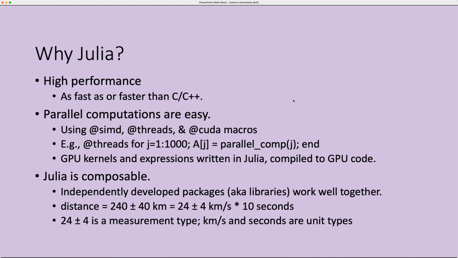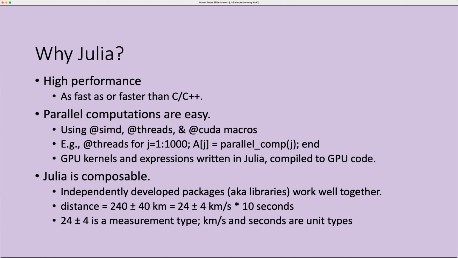Another key to Julia is that it's composable. What they mean by that is two separately developed packages will work well together. The example I give here is there is a data type called measurement, and that measurement is 24 plus or minus 4. Well, you can multiply that times the unit data type, which is kilometers per second, and now you've got a measurement of 24 plus or minus 4 kilometers per second.